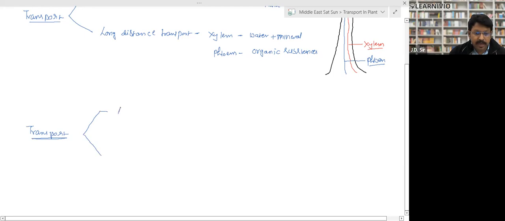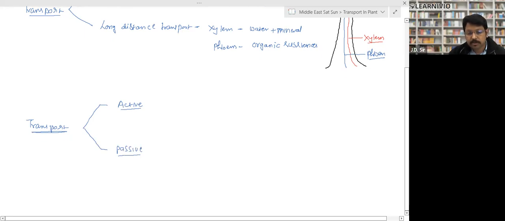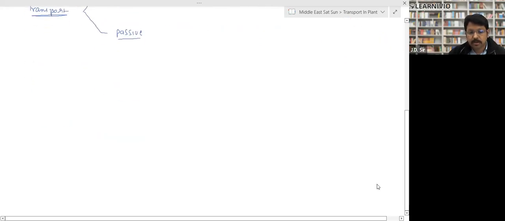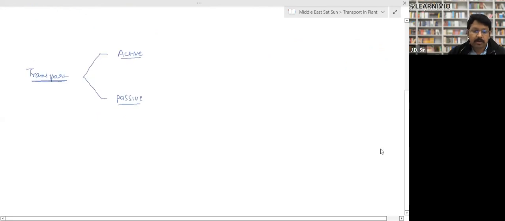First, it is active, and then this is passive. The difference between active and passive transport is that, look, in general, first we talk about passive transport.